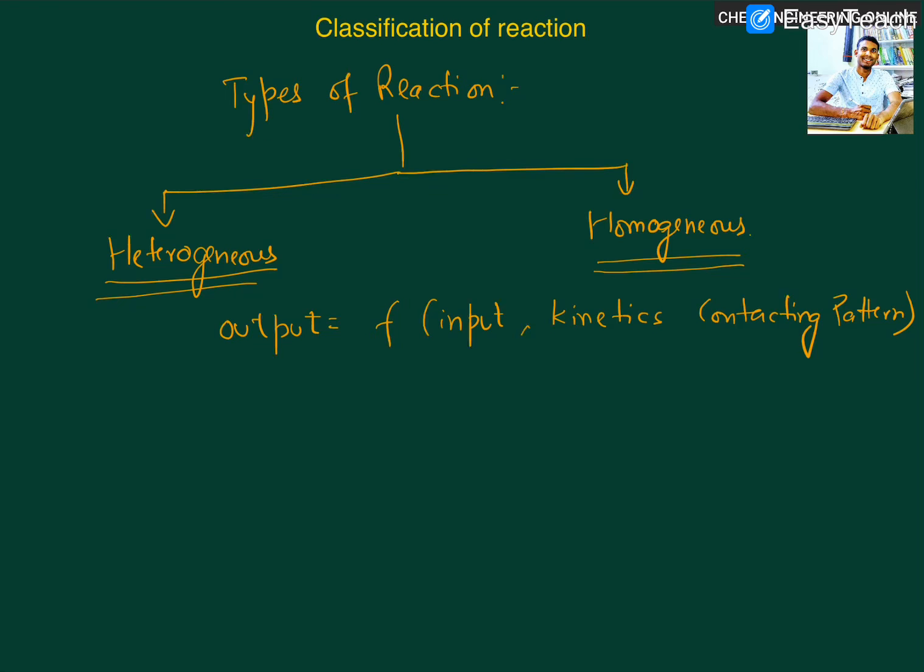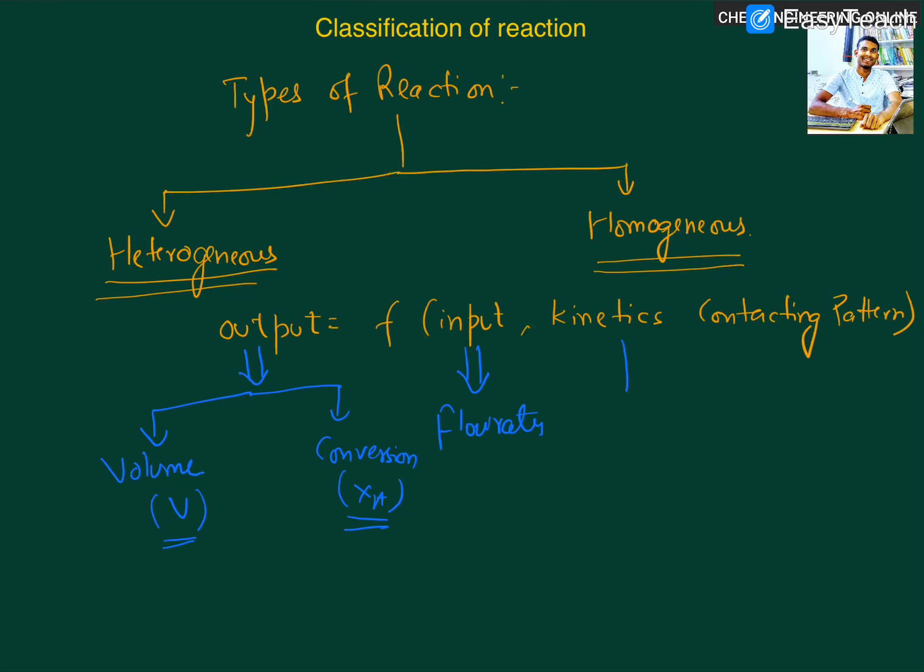So input, as we have already said, this is related to the flow rates, and in output we have to, that is, if volume is given, we have to find the conversion, and if conversion is given, we have to find the volume.